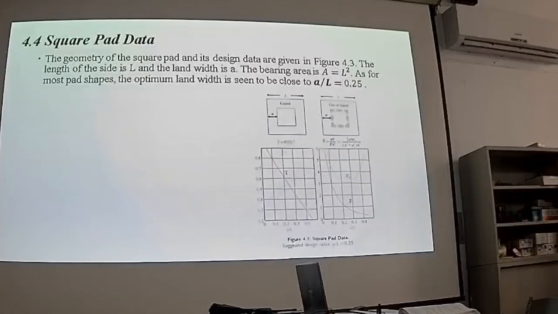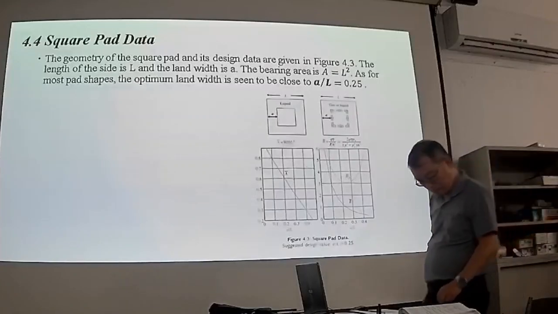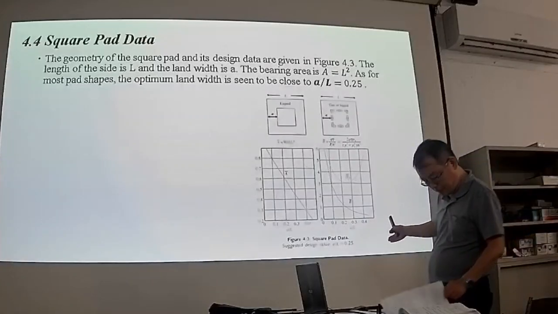Okay. So we are also using the same land ratio equal to 0.25. We also have an example for this one.